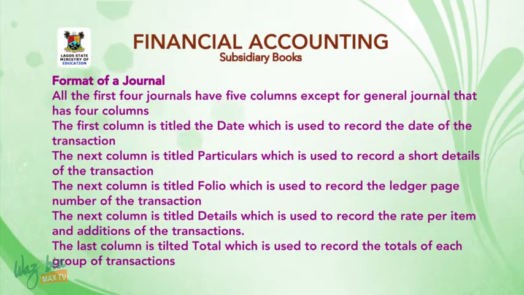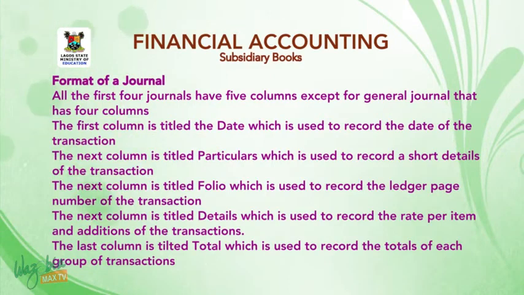Format of a journal. All the first 4 journals have 5 columns, except for general journal that has 4 columns. The first column is titled the date, which is used to record the date of the transaction. The next column is titled particulars, which is used to record a short details of the transaction.